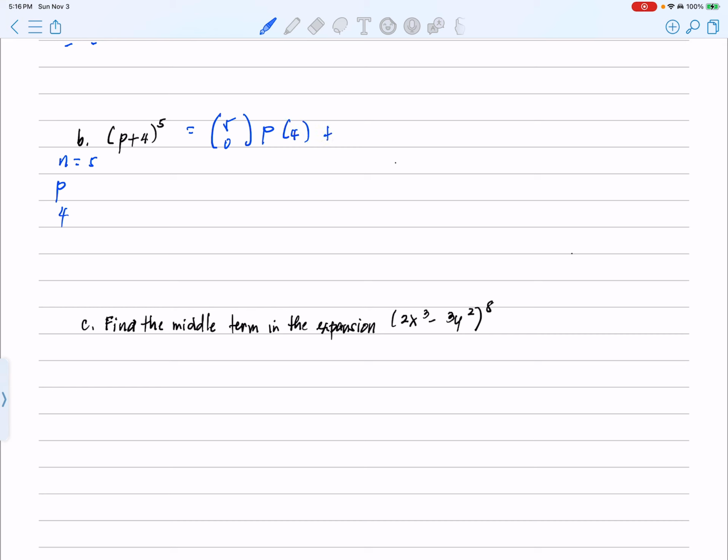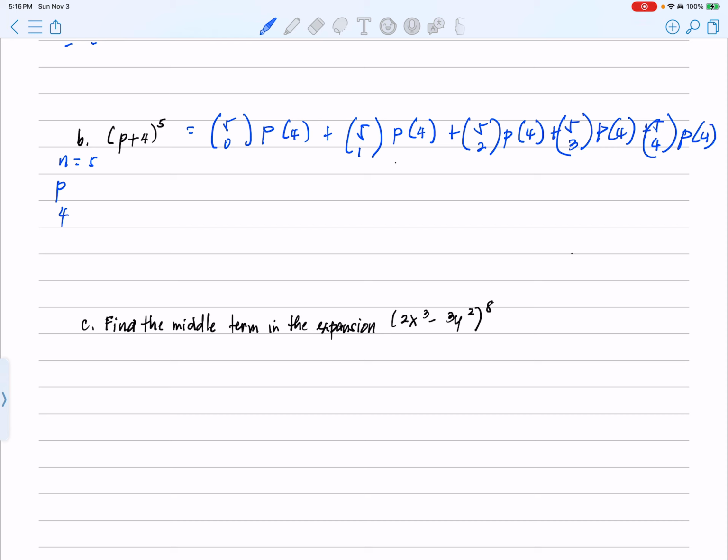plus 5 choose 1, p times 4, plus 5 choose 2, p times 4, 5 choose 3, p times 4, plus 5 choose 4, p times 4.